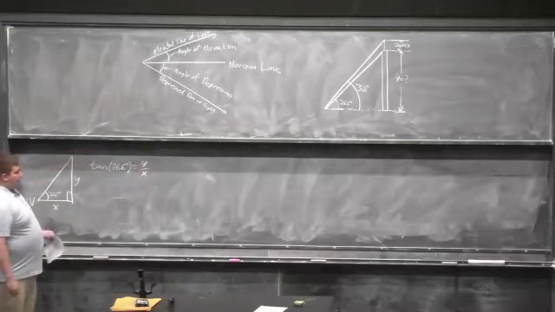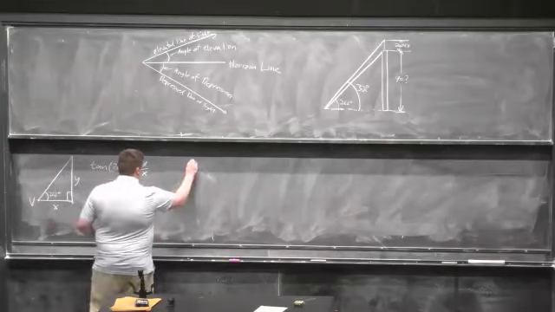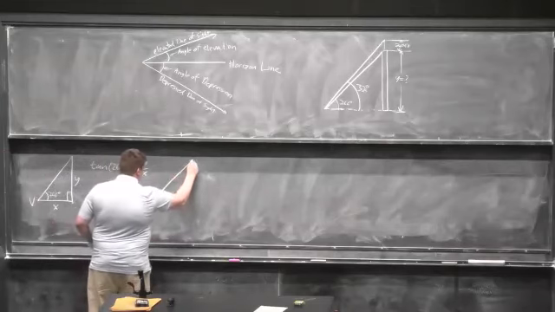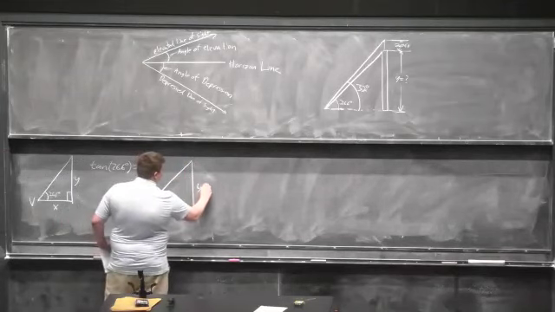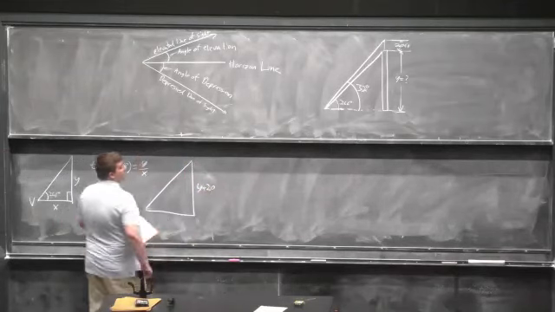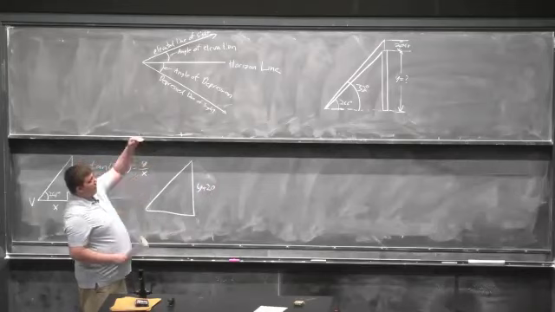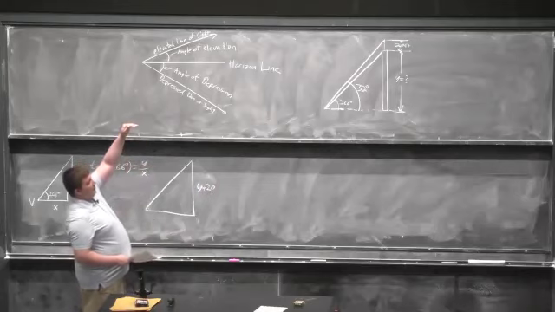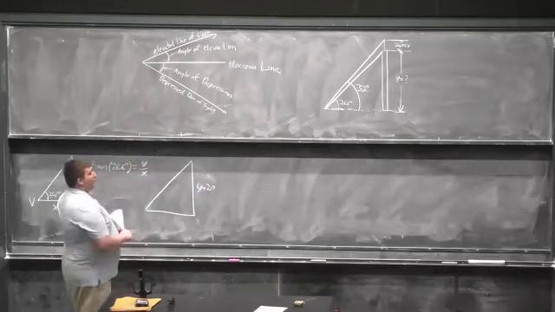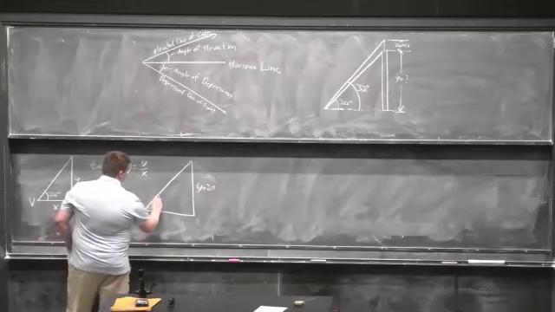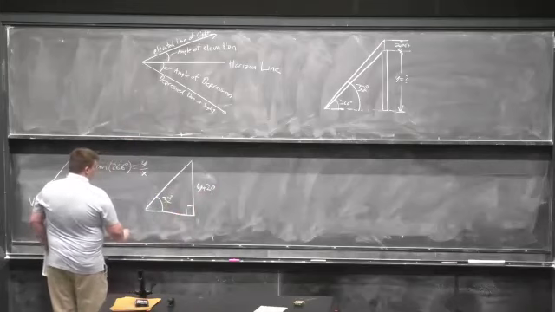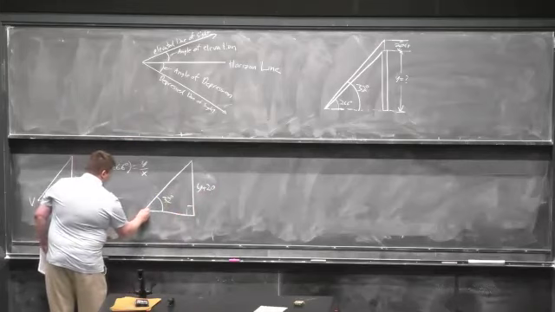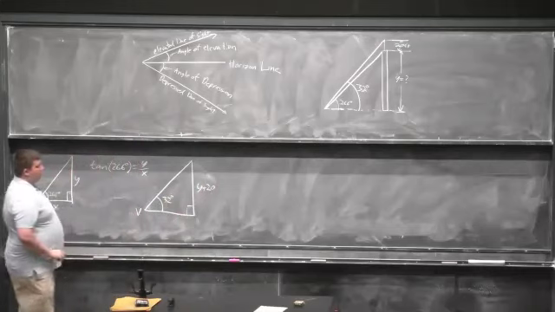What other picture do we have? We have a picture like this, where we have y plus 20 because we have the height of the building plus the height of the antenna. And what angle of elevation did we take to look at that? 32 degrees. Again, we have a right angle, and we're still staying in the same spot.